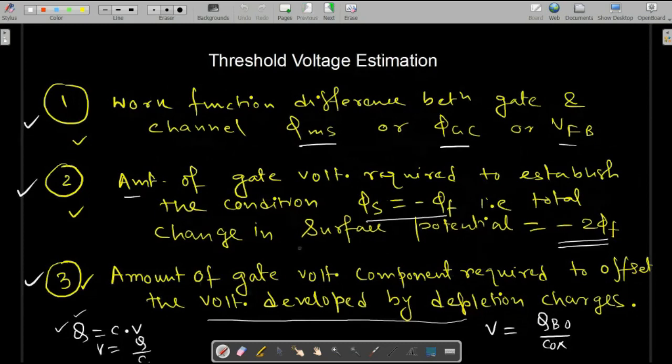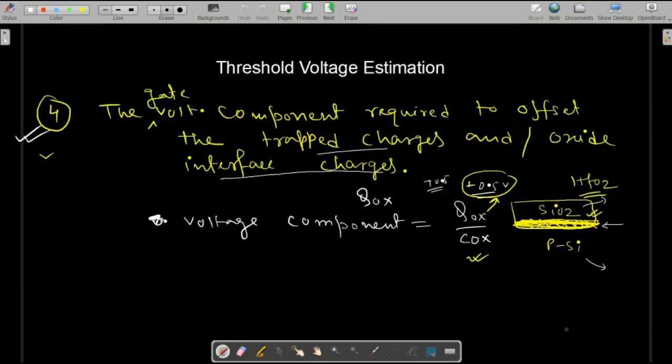Third component, the amount of gate voltage component required to offset the voltage developed by depletion charges. So the voltage developed by depletion charges is QB0 by COX. So what will be the component of gate voltage? Anyone? If the voltage developed by depletion charges is this, what will be the component of gate voltage?